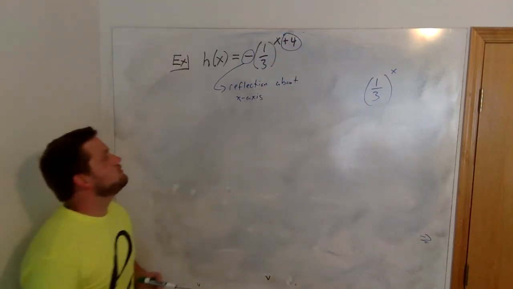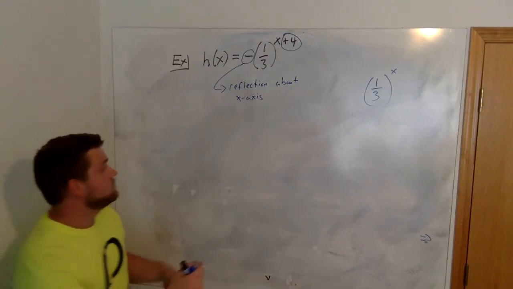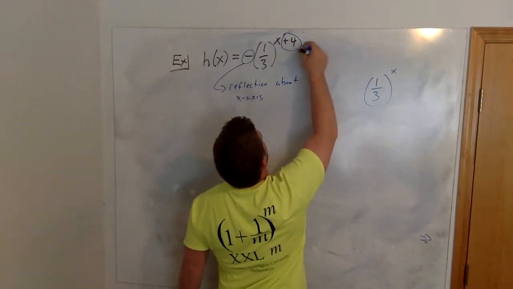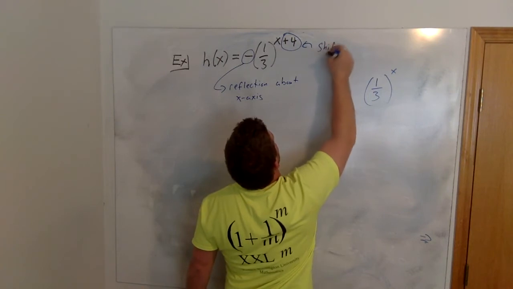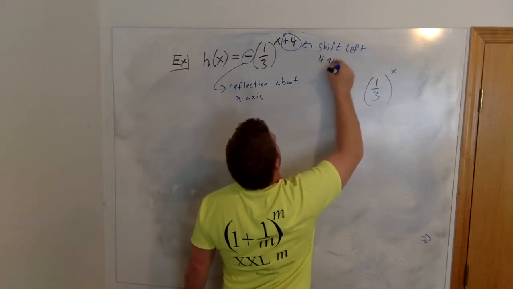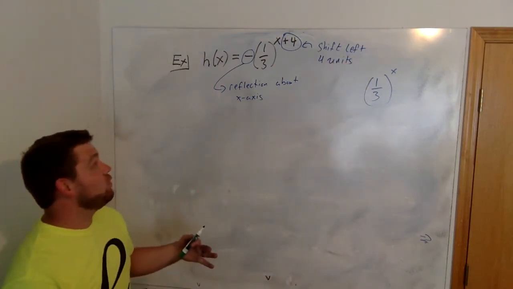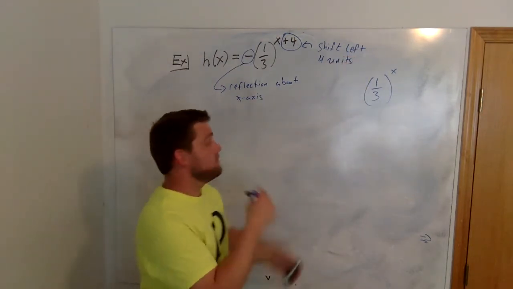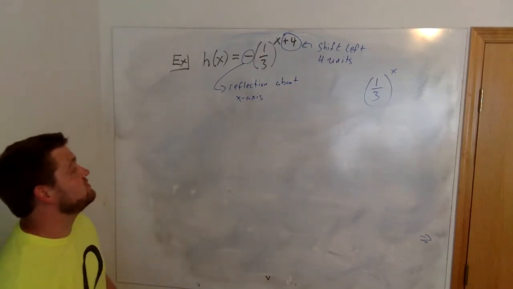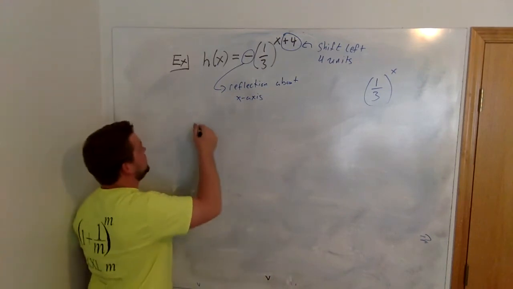Here I'm adding 4 directly to the x value, so that's going to shift my graph left 4 units. If it was x minus 4, we would be shifting it to the right 4 units. These are the two transformations that are happening. Okay, so let's go ahead and sketch this.